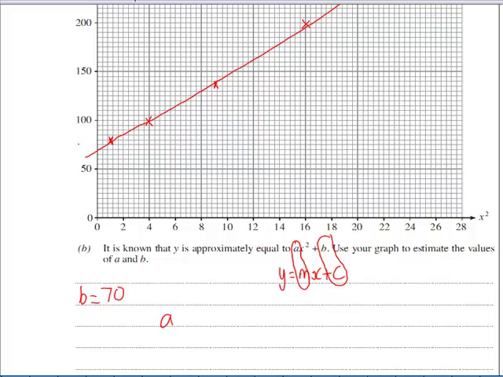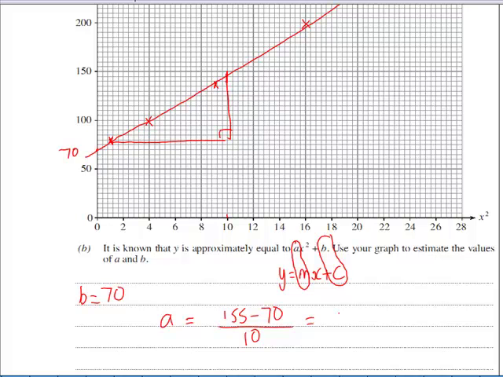Now the obvious thing here to do is take the start point we've estimated there as 70 when x squared is 0, and then go along 10 units. And if we read off at 10 units, we can see we've got roughly 155. So a is going to be the difference in our y's, which is 155 take away 70, over the difference in our x squared, or difference in our x's, which makes a nice right-angled triangle.